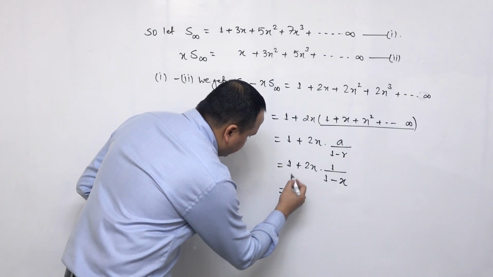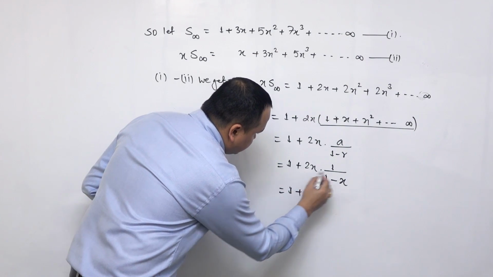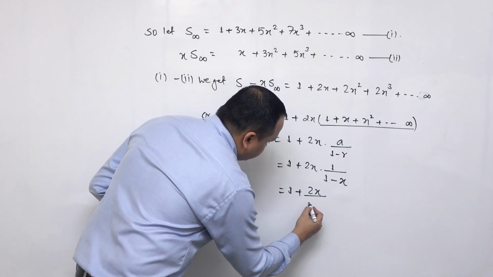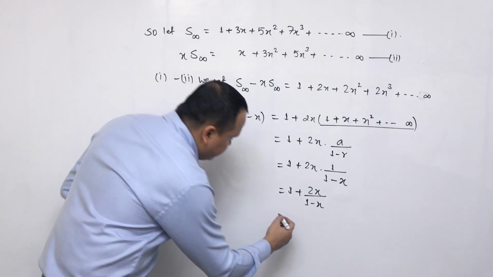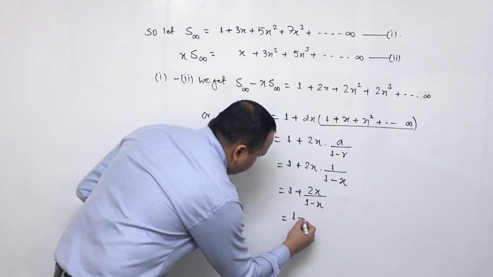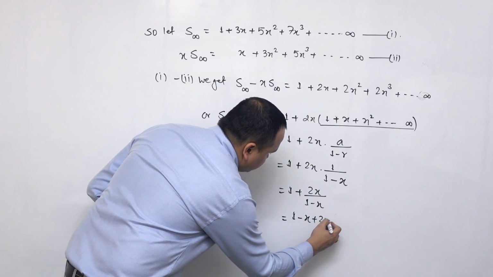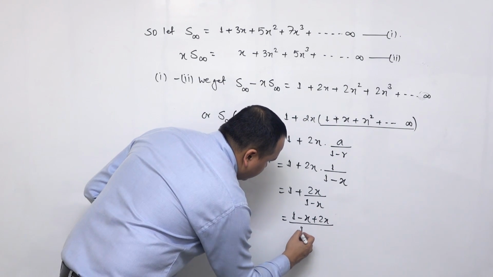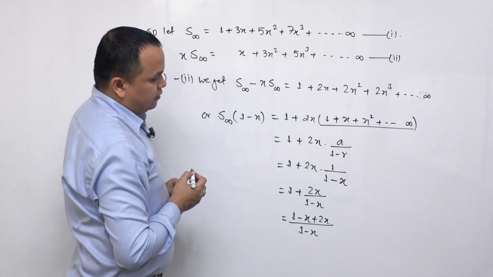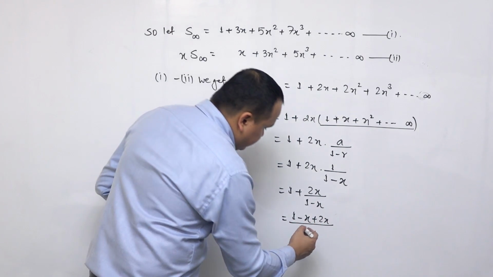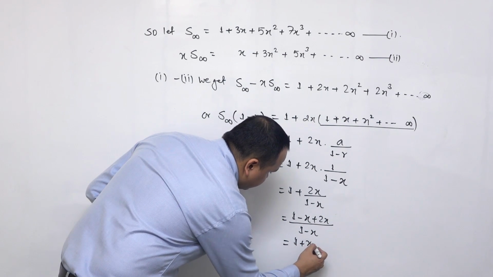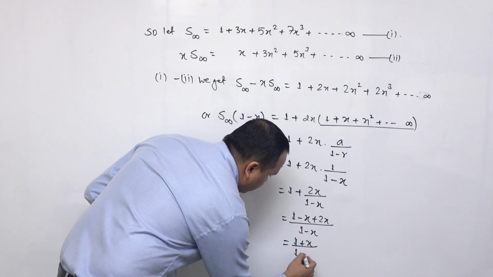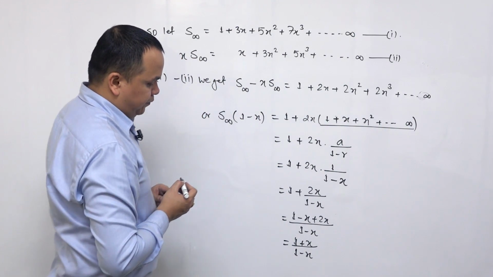Similarly, it becomes 2x upon 1 minus x. Taking LCM, we get 1 minus x plus 2x divided by 1 minus x, and this is 1 plus x upon 1 minus x.